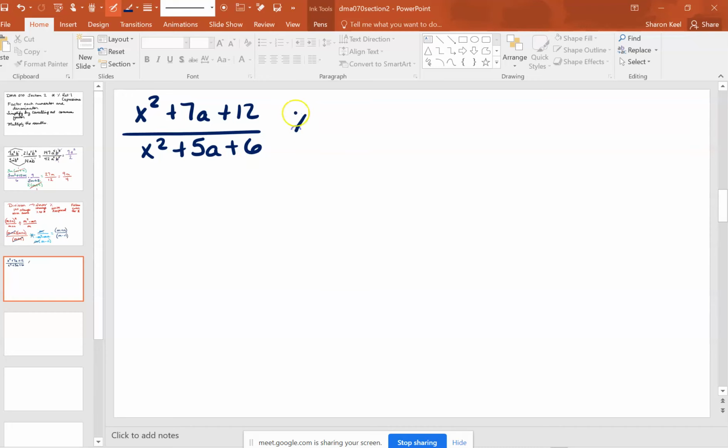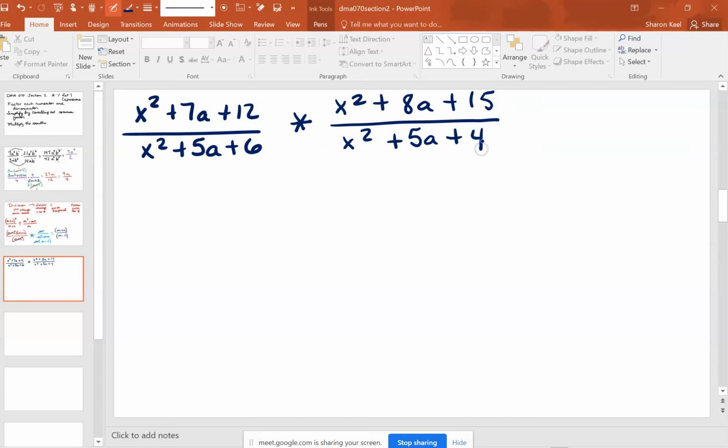Then I'm going to write a multiplication sign, and the one on the right hand side, I'm going to flip it. So the first was the same. I changed it to multiplication. I wrote the reciprocal.